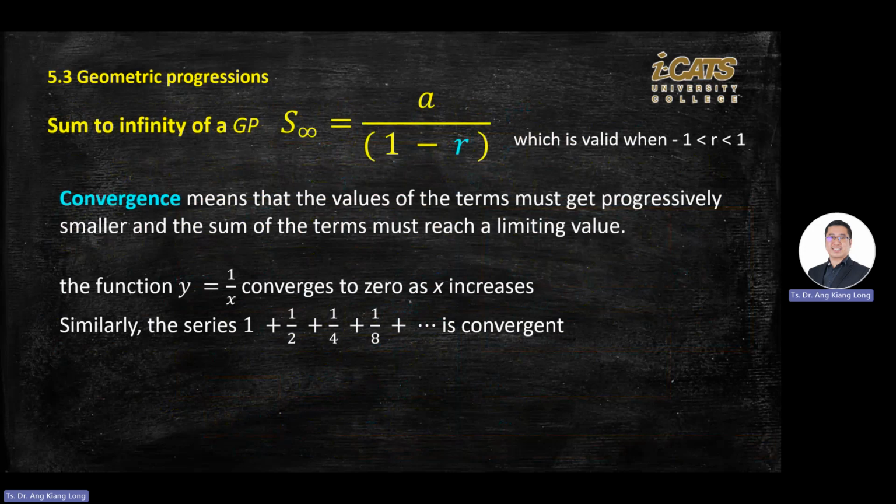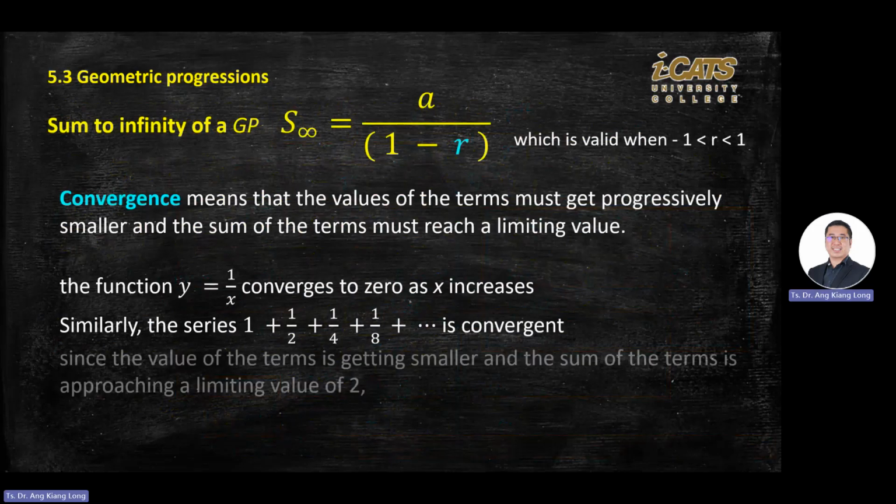Same, if you have a series 1, 1 over 2, 1 over 4, 1 over 8, this one you know is a GP, because if you take the second one divided by the first one, you get 1 over 2. The third divided by the second, also 1 over 2, and so on. If you continue to add, the numbers behind will be very, very small and become irrelevant. The sum will be 1.5, 1.75, even nearer to a number, which is 2, if you start with 1.